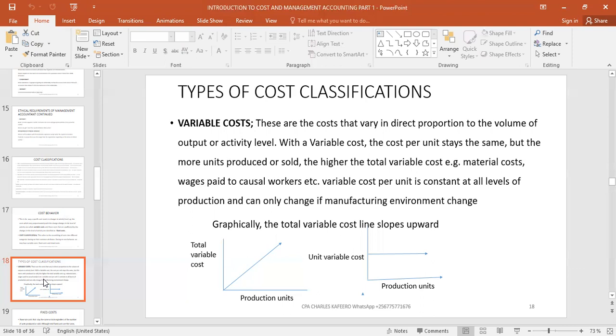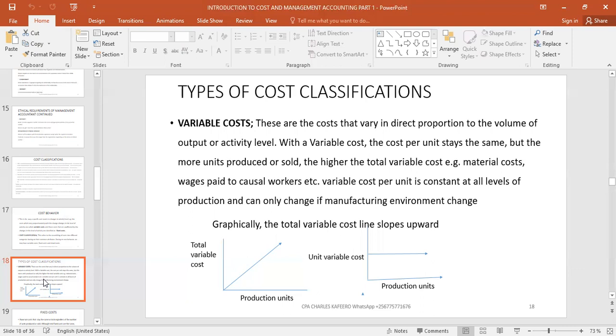So if, let's say, when you produce 1 unit, someone is paid 10,000, then when the person produces 2 units, the 10,000 which is paid per unit is going to be doubled by 2. That's the same proportion they are talking about.